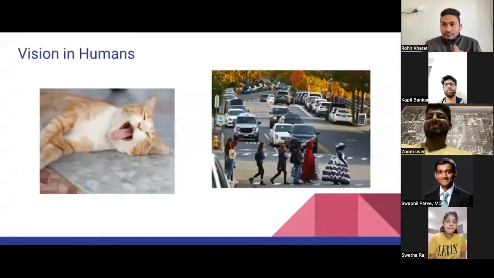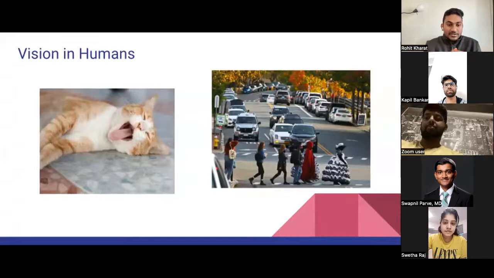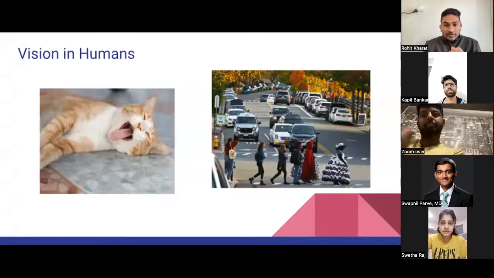So we know that for humans, it is very easy for us to identify items or objects in a scene. If we see an image, we know that the image contains a picture of a cat, or if we have an image of a road, we know there are pedestrians or vehicles or trees.